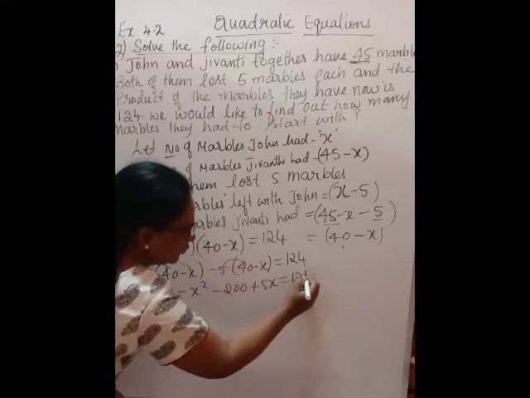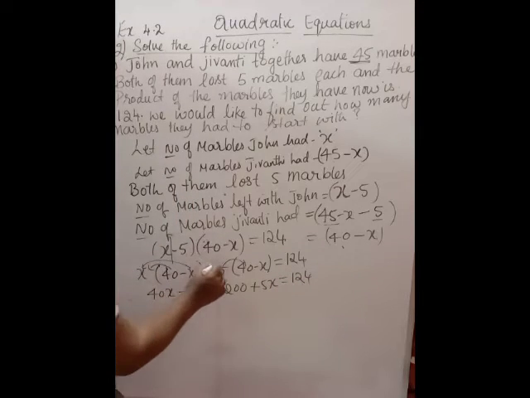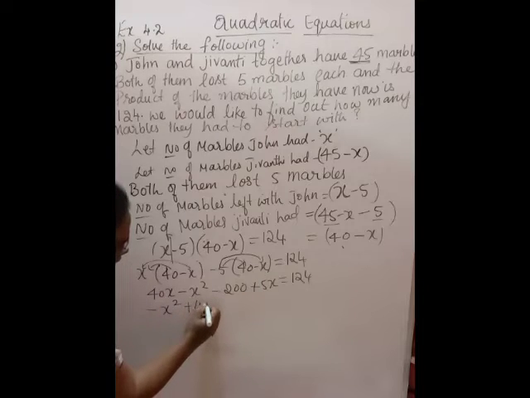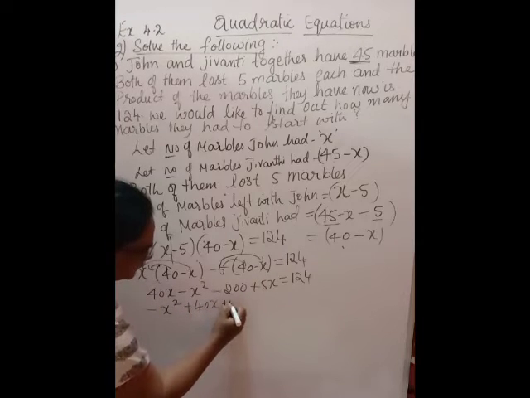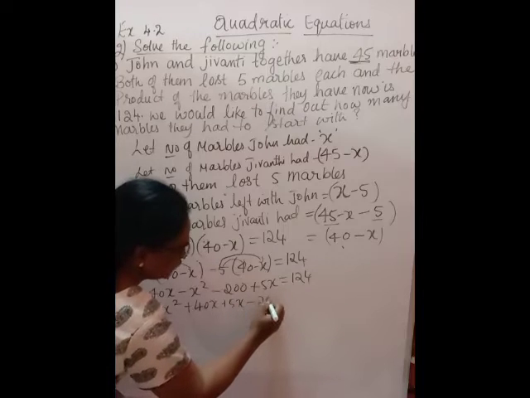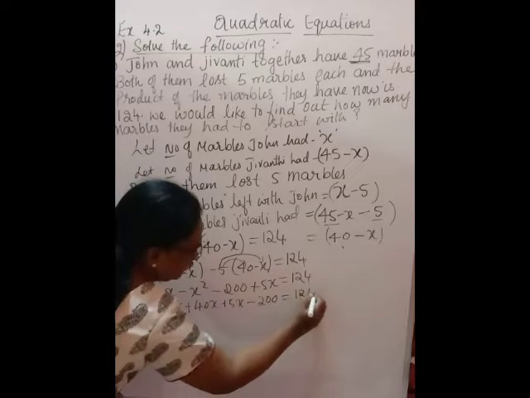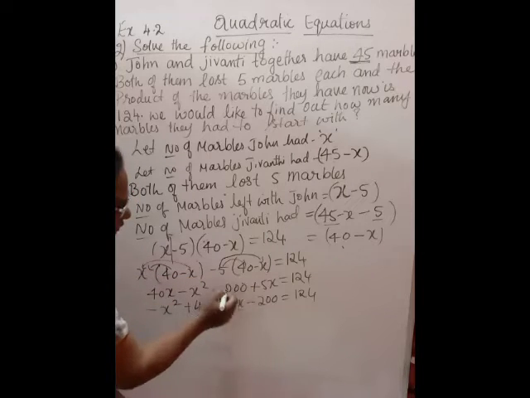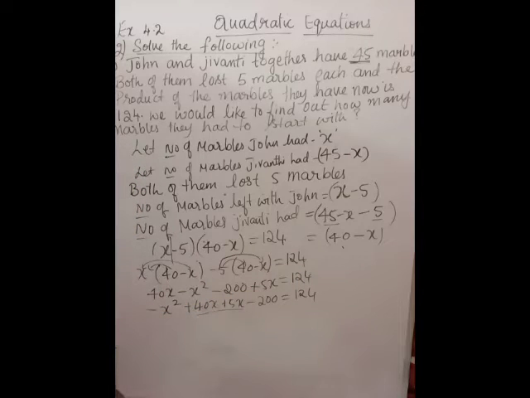So now the x square term goes first: minus x square, and the next terms, the two x terms, 40x plus 5x, I have written together. Next minus 200, equal to the right-hand side 124.